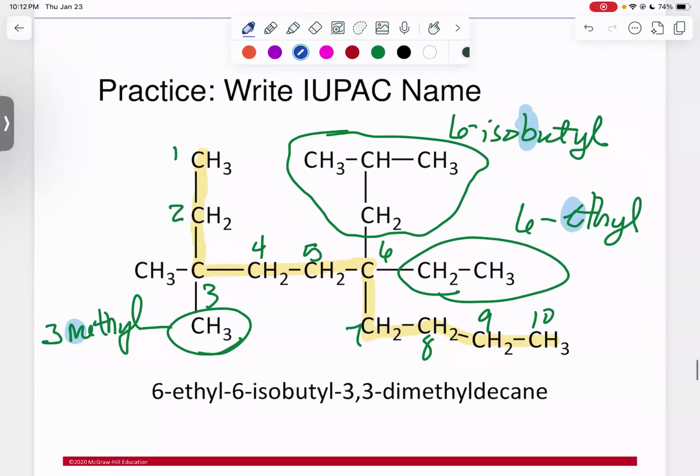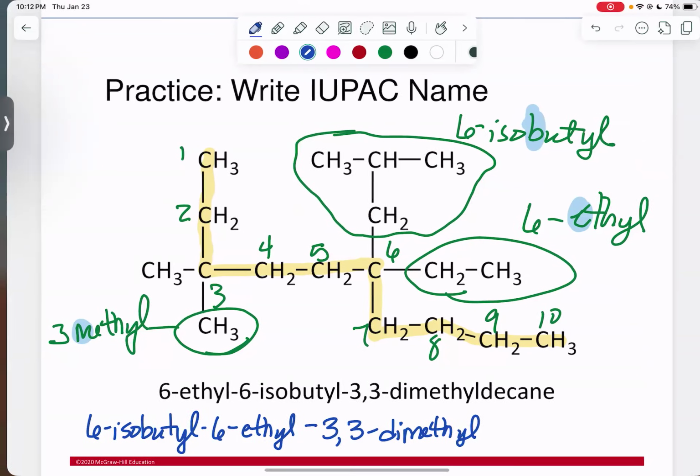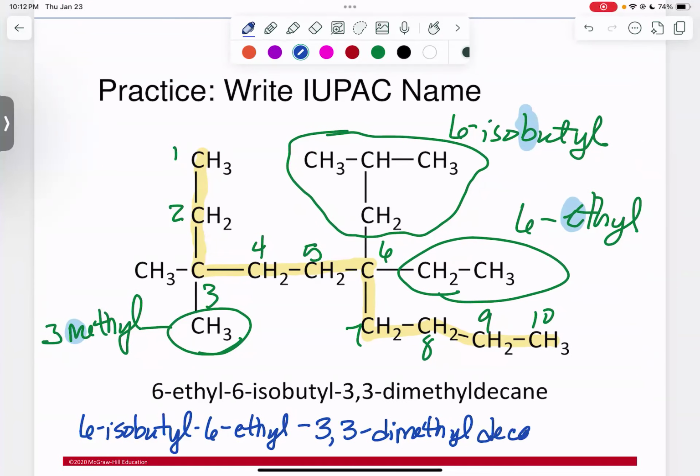It should be 6-isobutyl, then dash 6-ethyl, then dash 3,3-dimethyldecane. I mean, I wouldn't mark it wrong either way, but you're really comparing the butyl, the ethyl, and the methyl.